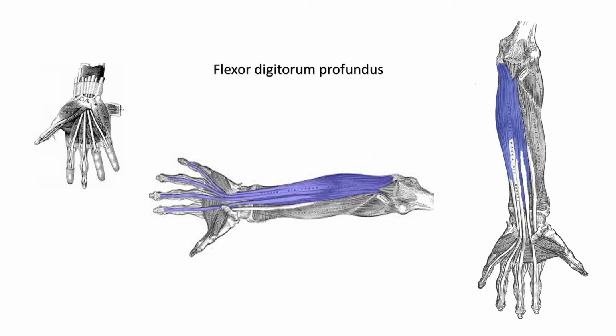At the wrist it is split into four tendons that pass through the carpal tunnel and attach to the distal phalanges of the four fingers. Actions: it is the only muscle that can flex the distal interphalangeal joint of the fingers. It also flexes at the metacarpophalangeal joint and at the wrist.